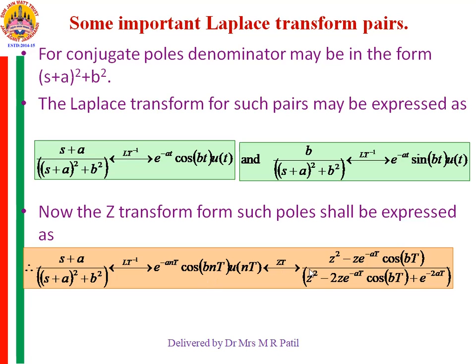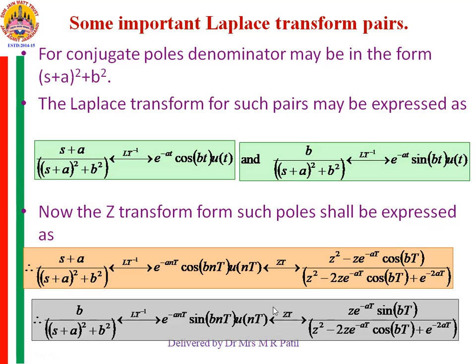So the direct z-transform of this is z square minus rz, where r is e raised to minus at into cos bt, so z square minus 2z e raised to minus at cos bt plus e raised to minus 2at. You have to remember these well-known transform pairs, and you can directly use them to transform from H(s) to h(t) and then h(n).